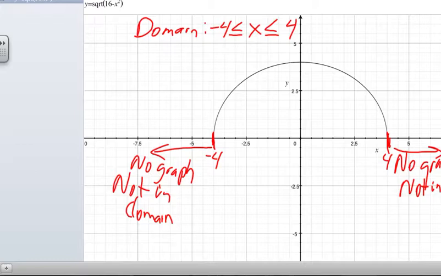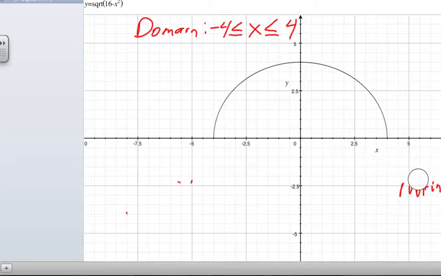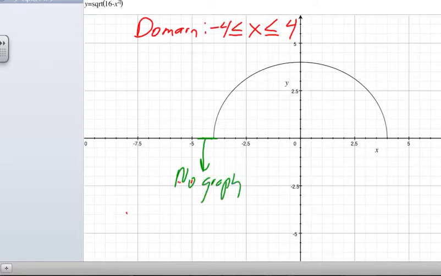Okay? And so now we make the same argument, but we ignore the x values, and we just look at what's going on with the y values. Okay, so when I come in and take a look, no graph anywhere.